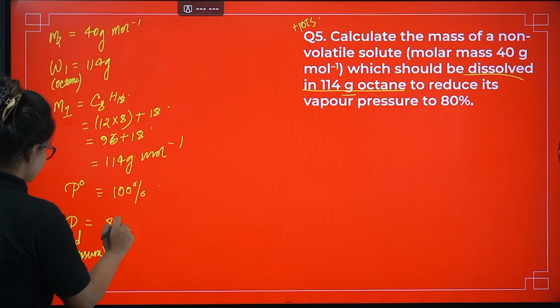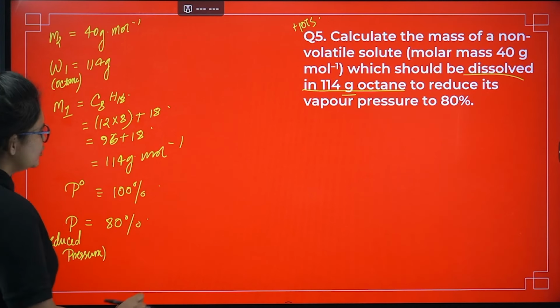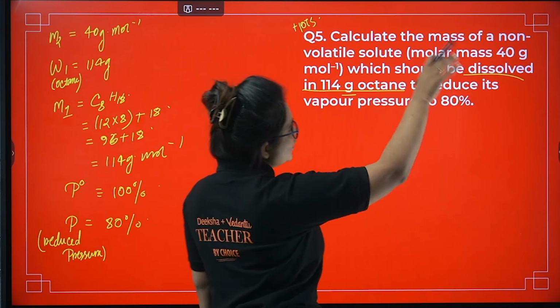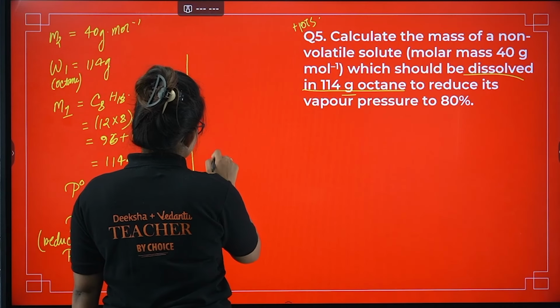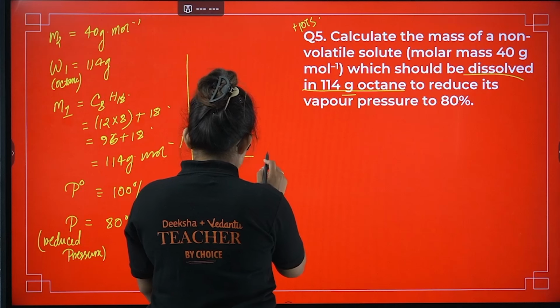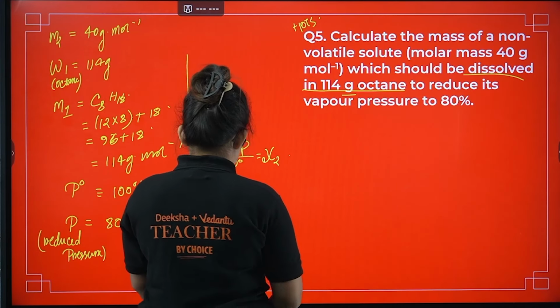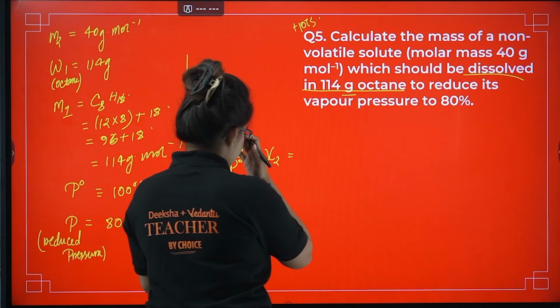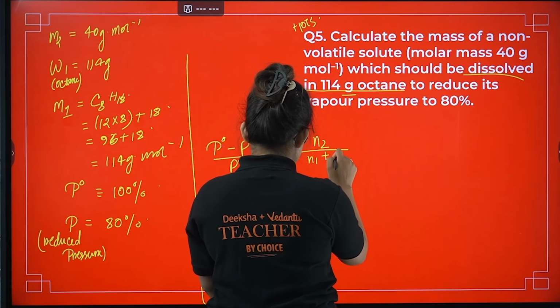Okay, how much? 80%. Now, as you can see, there is a lowering of vapor pressure. We can use the formula of relative lowering of vapor pressure. So (P naught minus P) divided by P naught is equal to X2, the mole fraction of 2. That is N2 by (N1 plus N2).